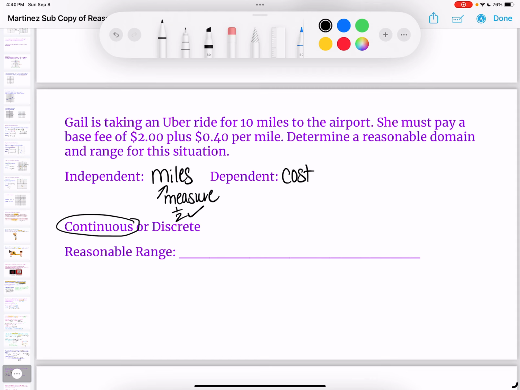So she's taking 10 miles to the airport, okay? 10 miles, not $10. 10 miles.